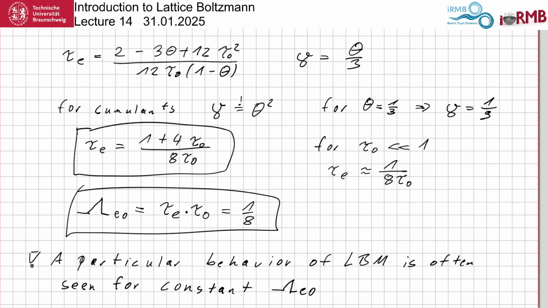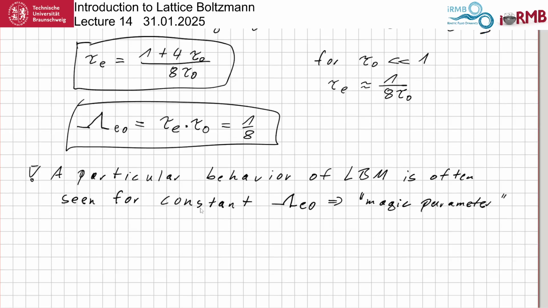So lambda even odd, when this is constant, has been called the magic parameter. So this magic parameter, at least in this very simple case, can eliminate the leading order error and therefore make the methods more accurate. I mean, substantially more accurate.